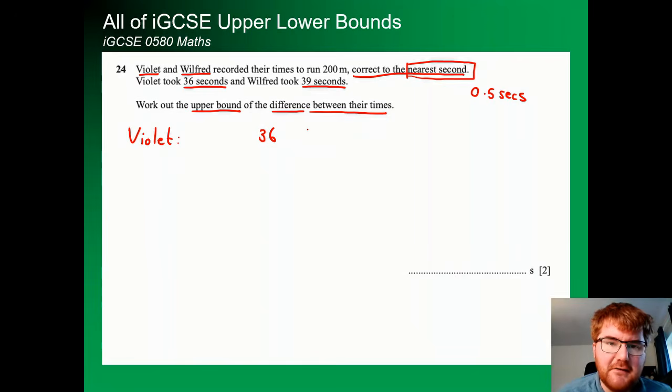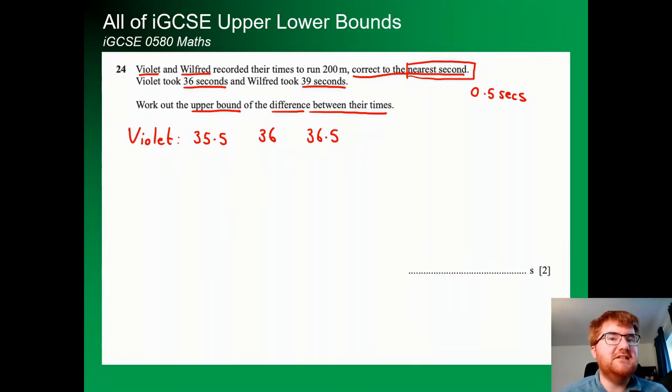So my upper bound is going to be 36.5, because everything less than that is going to round down to 36 to the nearest second. Likewise, on the other side, if I have 35.5, then that and everything above it is going to round upwards to 36. Now you're probably thinking 36.5 actually rounds up to 37, but I'm using this as a boundary.